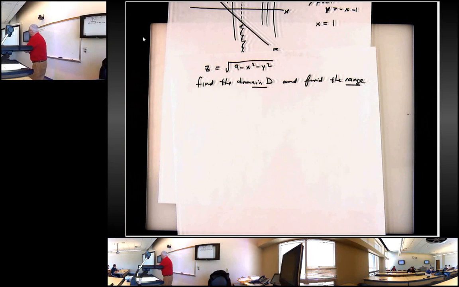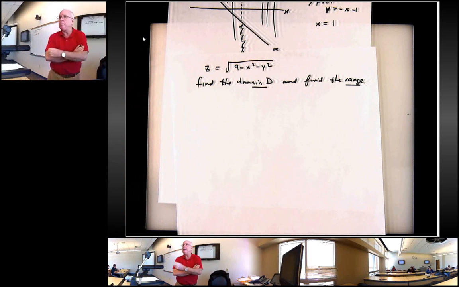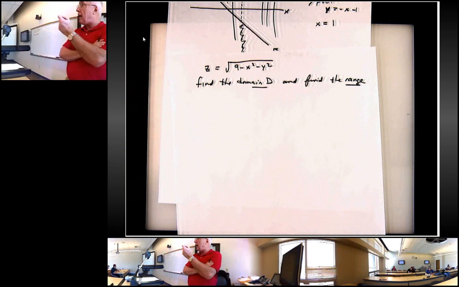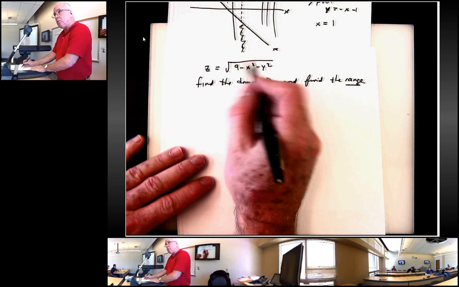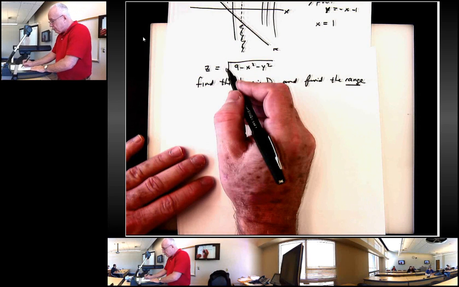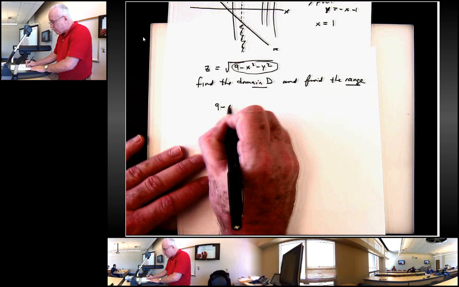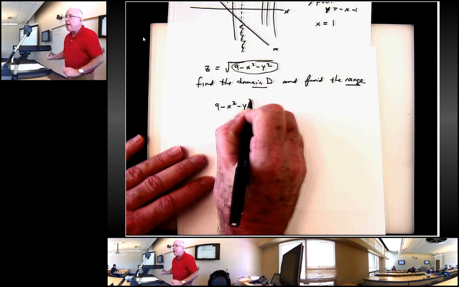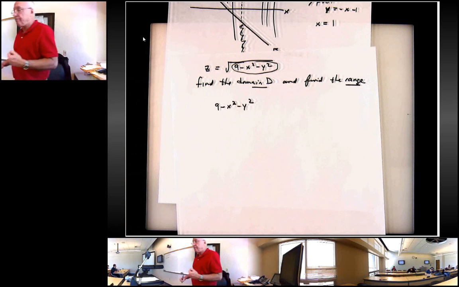With the domain, we want to look at the allowable xy values that give me a real number value for this. Notice again we have the square root radical. So this entire expression, 9 minus x squared minus y squared, has to be greater than or equal to 0.